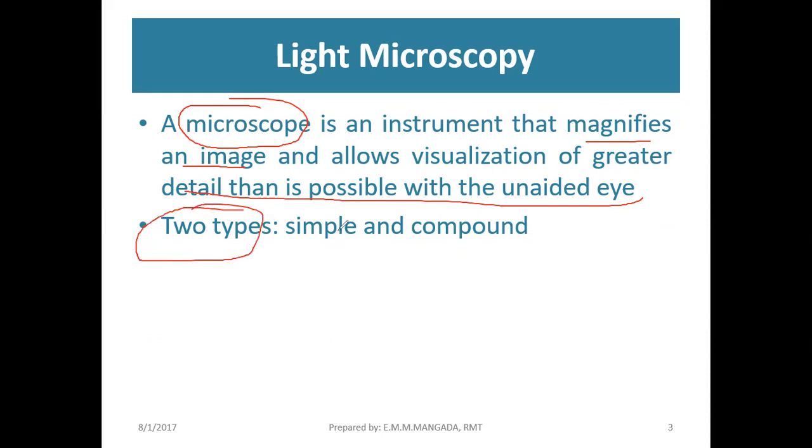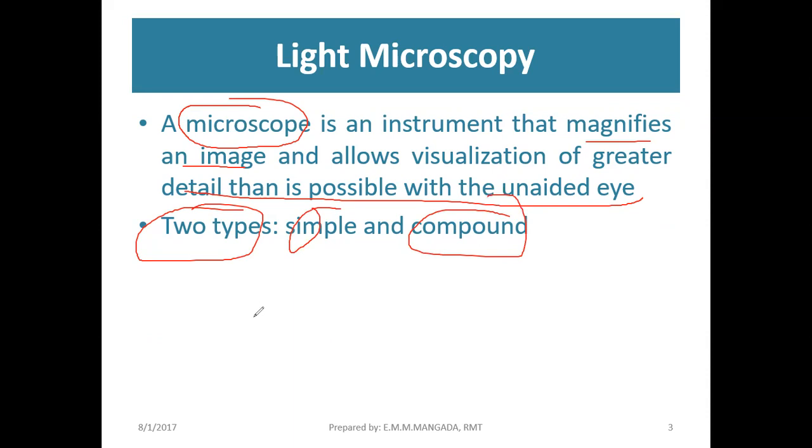A microscope can either be simple or compound. When we say simple, we're referring to something with a single lens, and a very good example of this is our magnifying glass. So your magnifying glass is an example of a simple microscope.